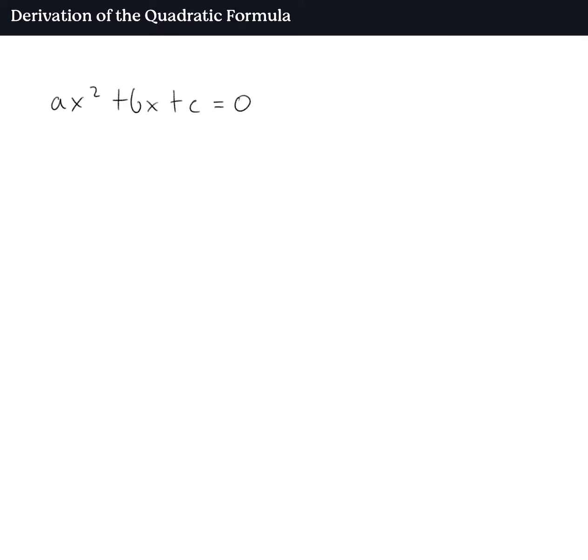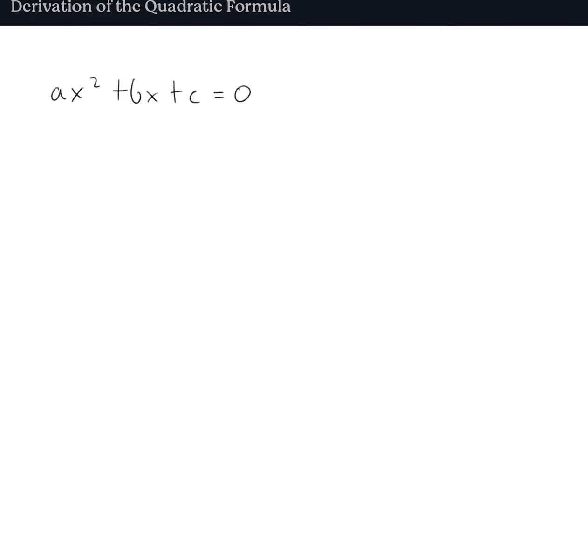What we can do is divide by the coefficient of the x squared term. So let's just go ahead and do that. When we do that, the a goes away at the front, and we have b over a as the new coefficient for x, and then c over a, and that equals 0 over a, which is just 0.